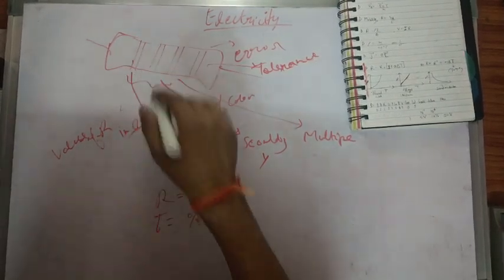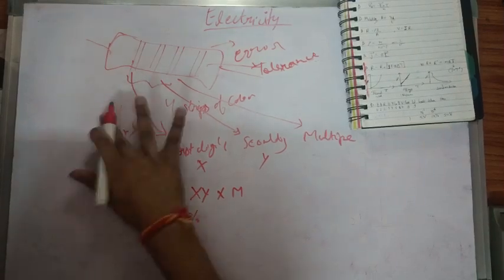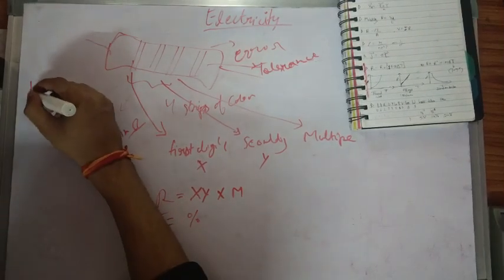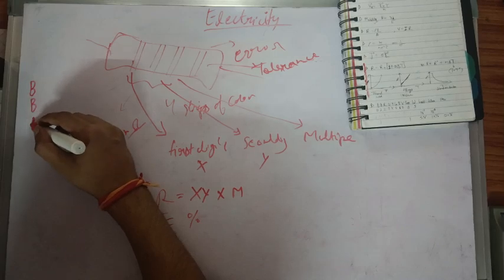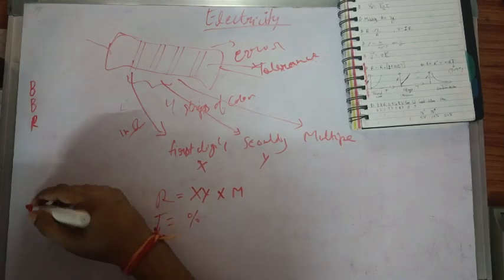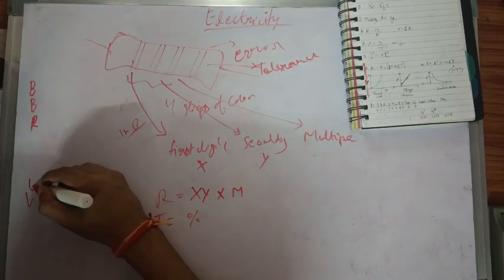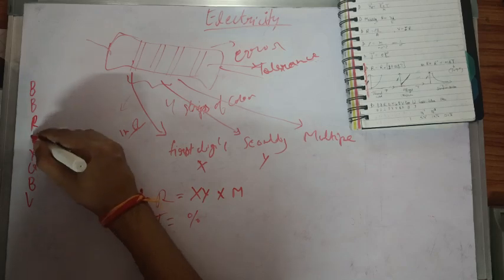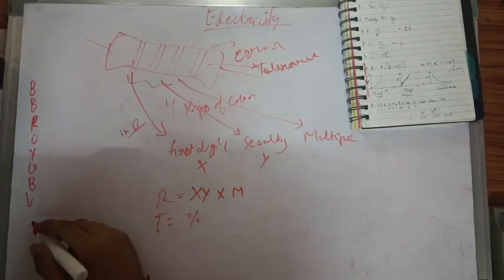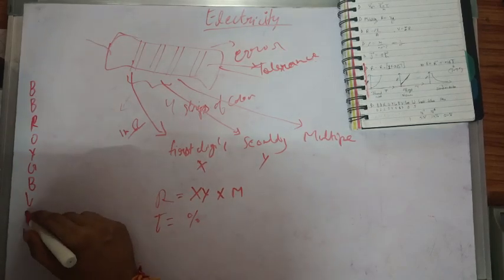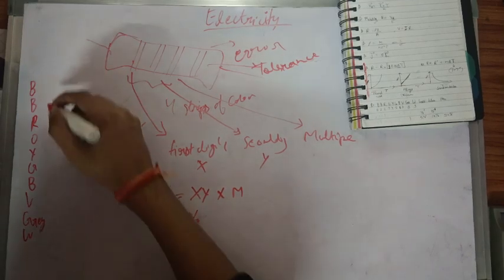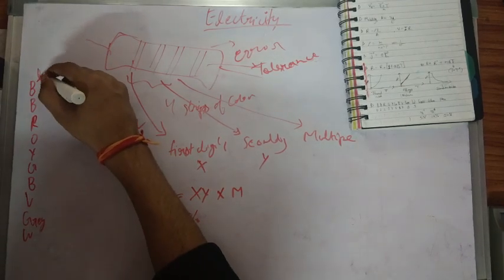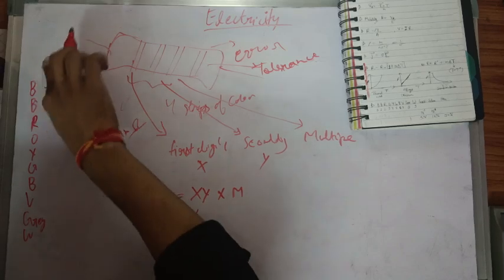And the color codes are, going in the reverse order, V, B, G, Y, O, R, and then white and gray, where this is black and this is brown.